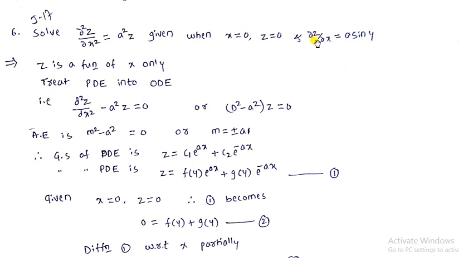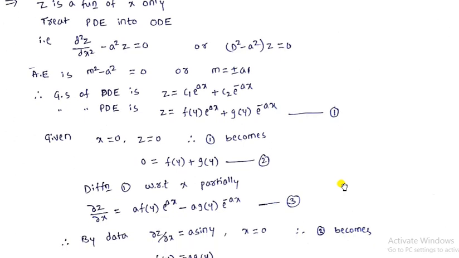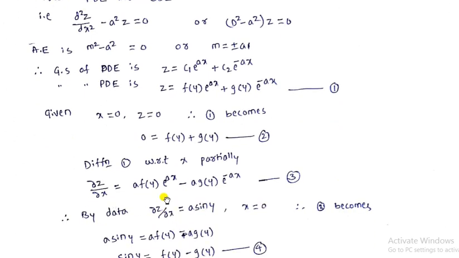Then before using ∂z/∂x, differentiate 1 with respect to x, which gives ∂z/∂x = f(y) a e^(ax) - a g(y) e^(-ax), since the differentiation of e^(ax) is e^(ax) times a, and of e^(-ax) gives minus a.